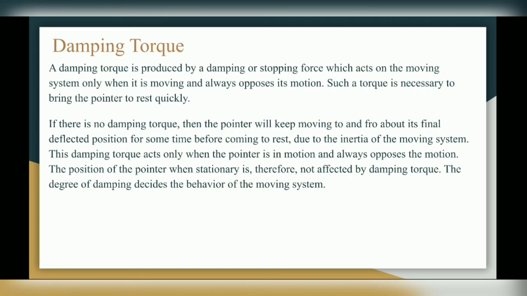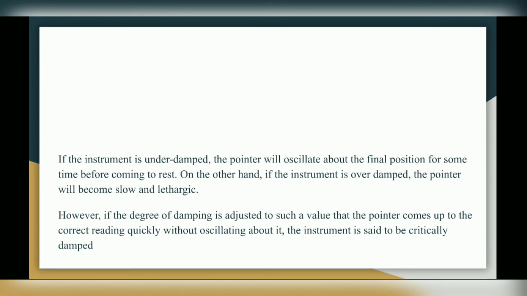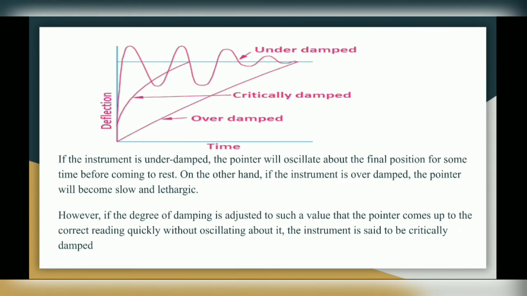So it stops the oscillations. Here is one diagram in which you can see three different types of instrument according to the damping torque produced in it. These are underdamped, critically damped and overdamped systems.